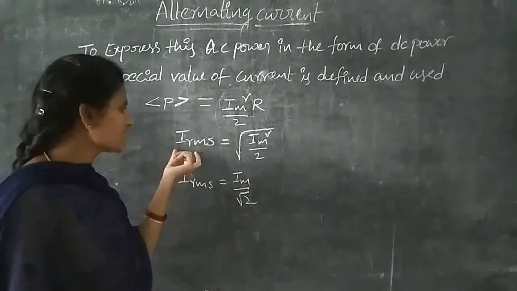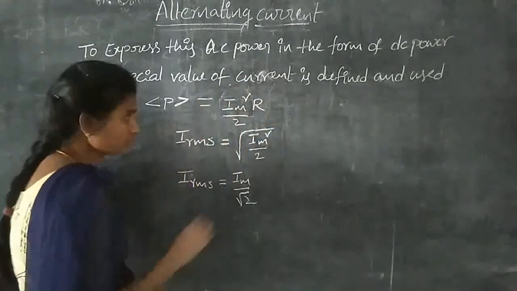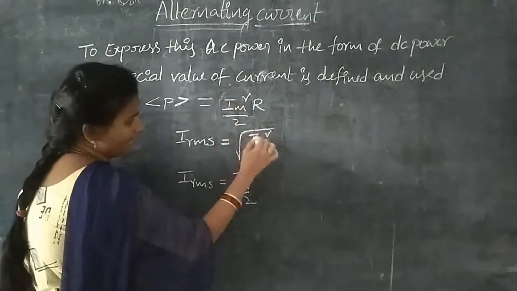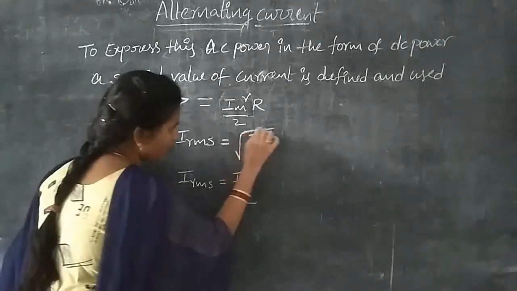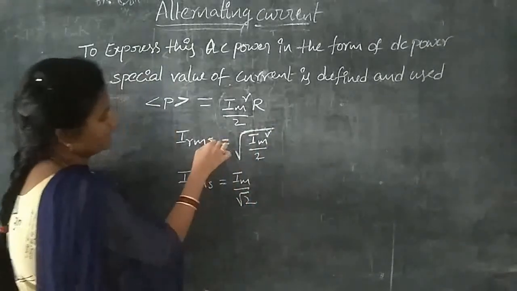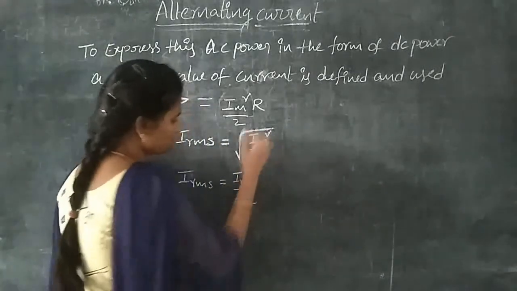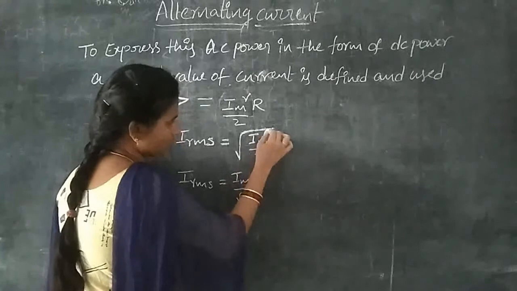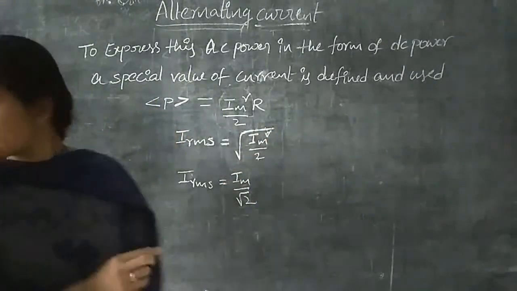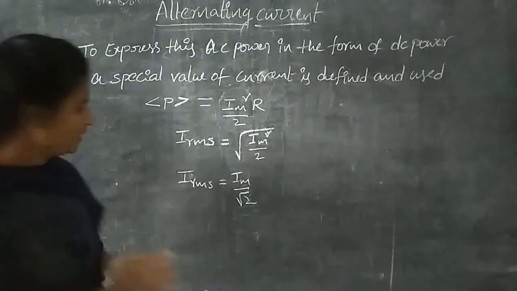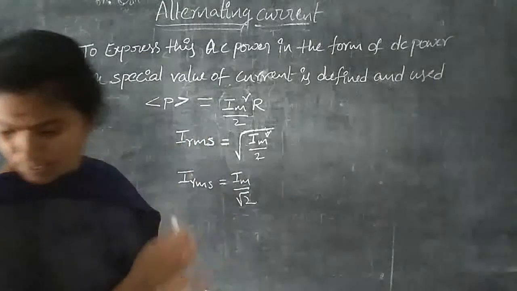IRMS is nothing but, in place of the magnitude Im square by 2, this is root mean square, so root over Im square by 2. The square root gets cancelled, and this can be written as Im by root 2. So this is IRMS.